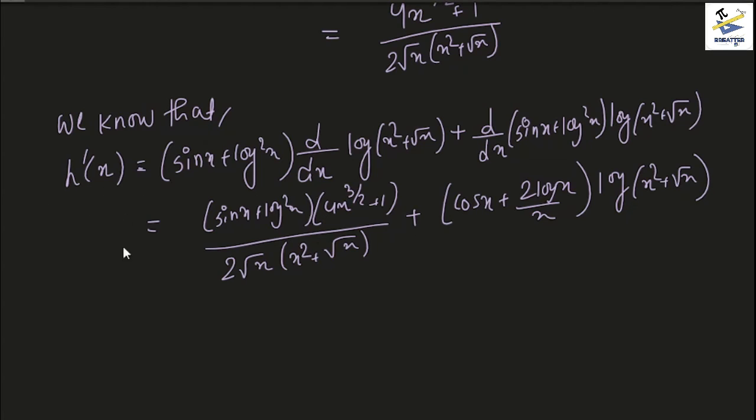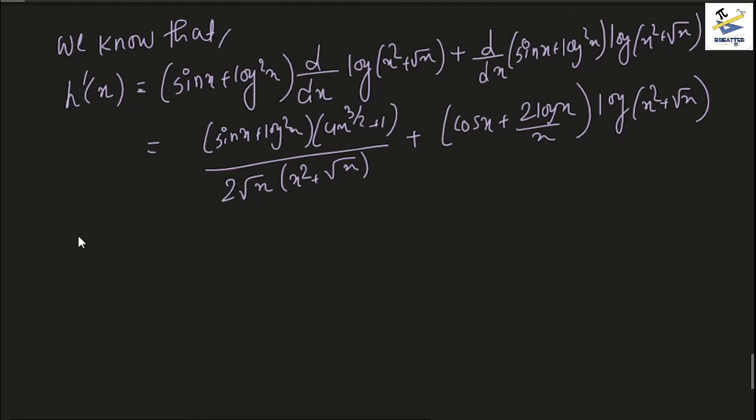Now this is the derivative for h prime x, but we actually wanted to find f prime x, and we do remember that we had defined h of x equals to log of fx, right?